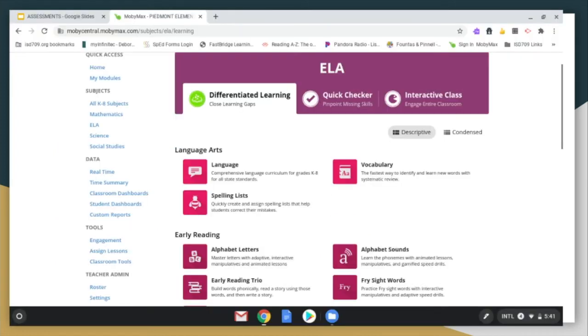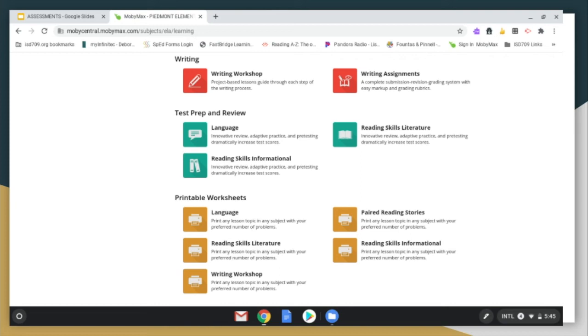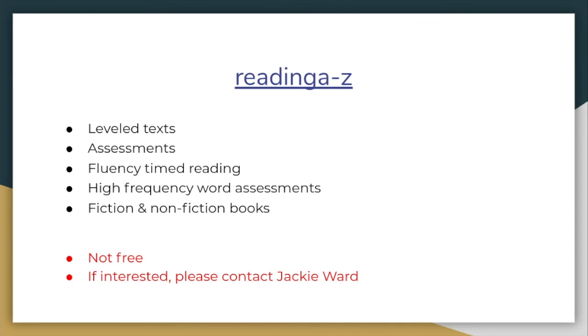In the ELA section, here are the offerings that they have: language arts, early reading, reading, phonics, writing, test prep and review, and one of my favorites is the printable worksheets, so everyone has access to what is being presented.